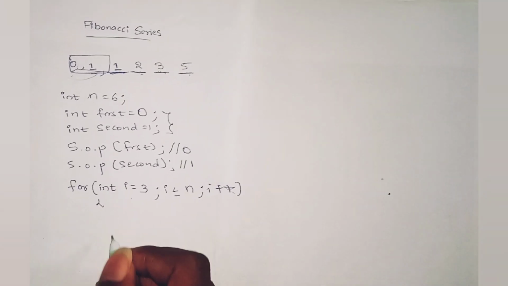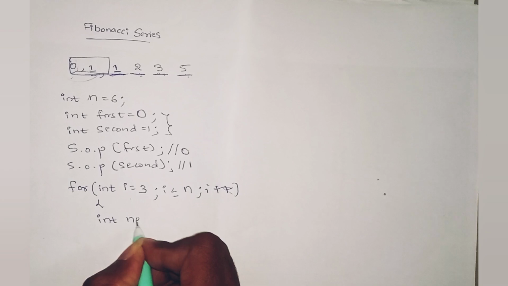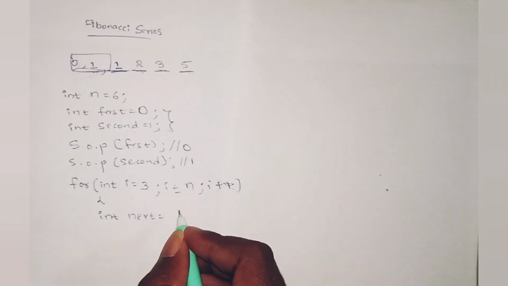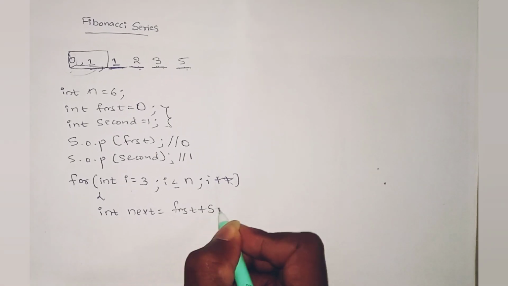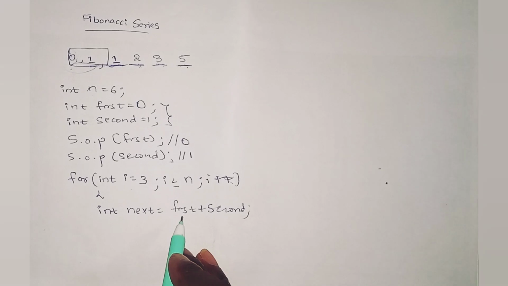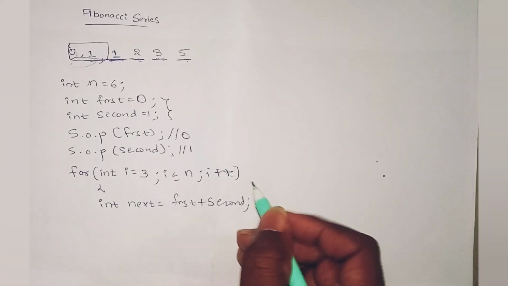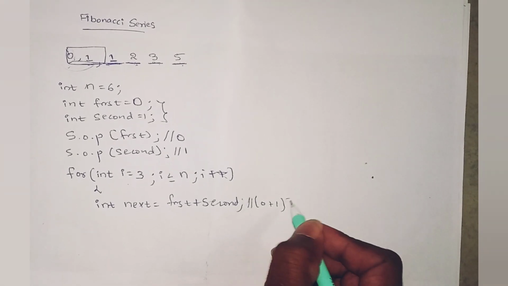Now inside the for loop, what we need to do is int next is equal to first plus second, that is this third term. What happens is first plus second means the first value is 0, the second value is 1, so 0 plus 1 is 1.